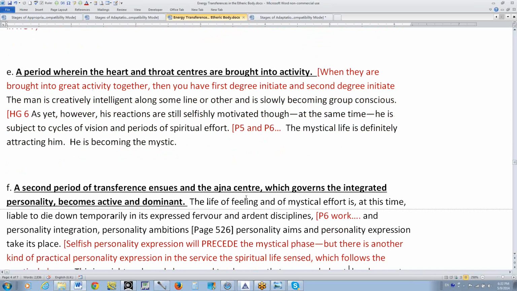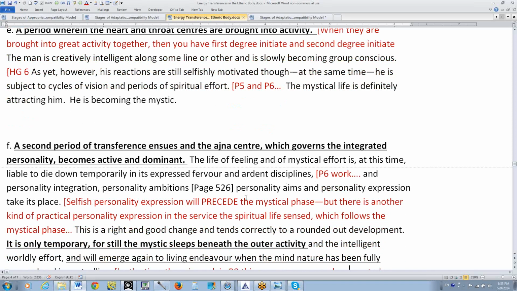So there's a few things that really have to be worked out here. A second period of transference ensues. The ajna center is now stimulated, and the man becomes an integrated personality. But the mystic has preceded this, and if he is already intelligent along some line or other, then intelligence has preceded the mystic path.